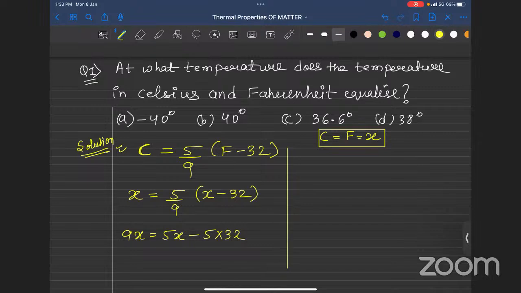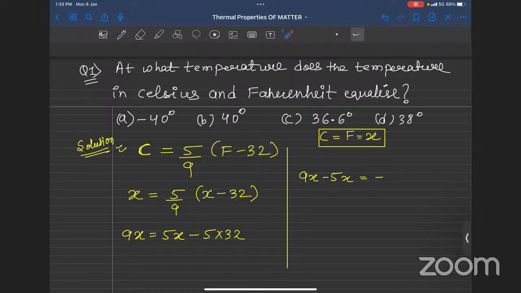Now if you see this, 9x minus 5x is equal to minus 5 into 32. We know this thing, if we multiply minus 5 into 32, we get what? 160. Isn't it cool? Yeah, so when you solve this, it is minus 160. 9x minus 5x, you'll get it as 4x equals minus 160.